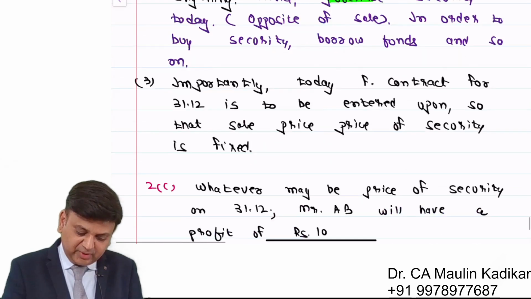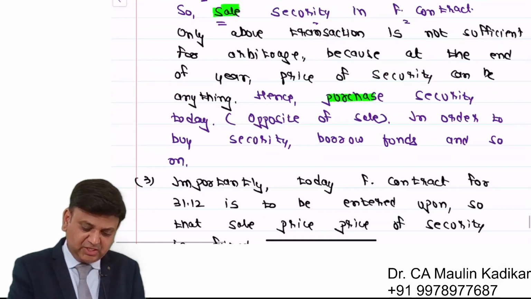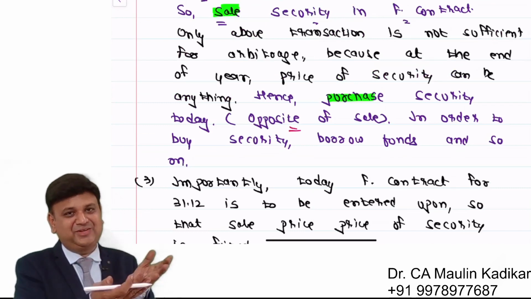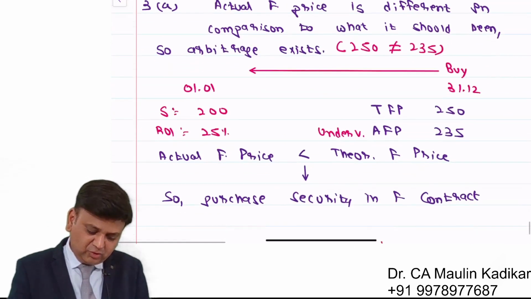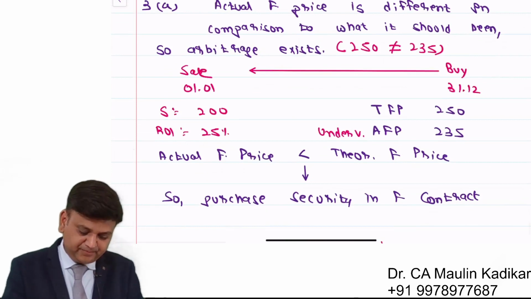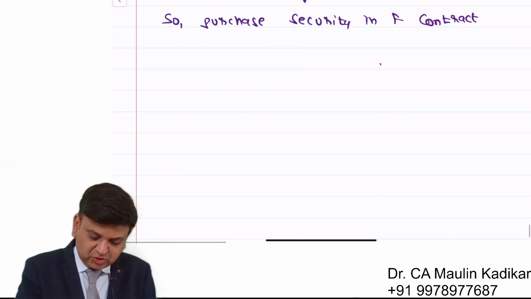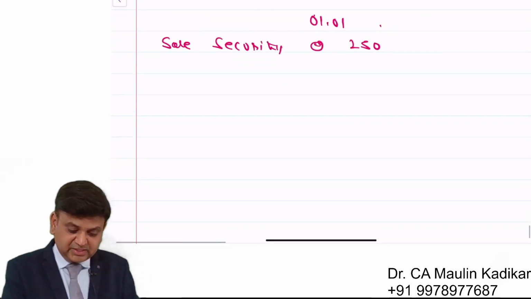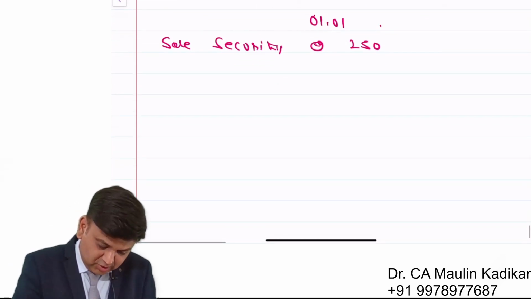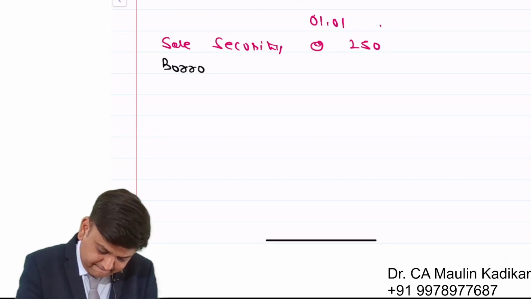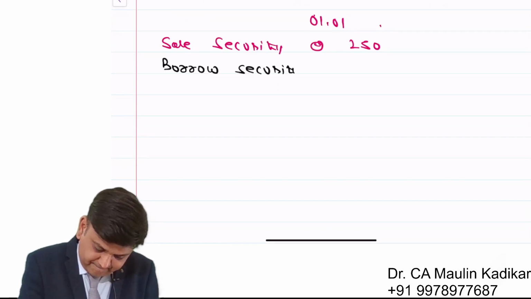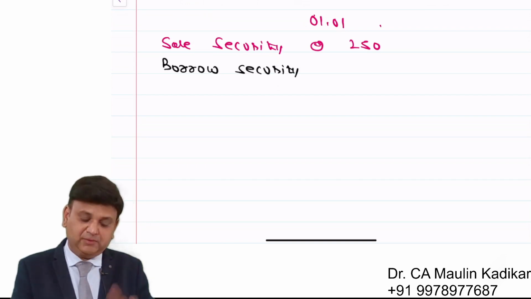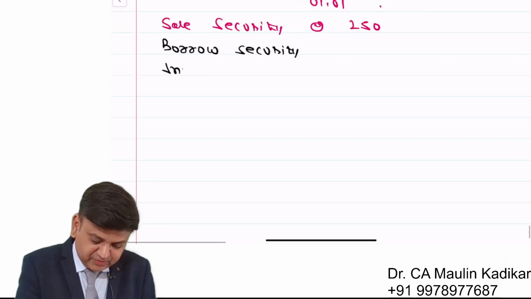So you are required to enter into the opposite of the transaction in which you enter in the forward contract. So today what you will do? Today you will enter into the transaction for sale. So what will happen, dear students? On 1st of January, you enter into the transaction to sell security at the rate of 200. Understand carefully. You will borrow security in order to cover your short position.